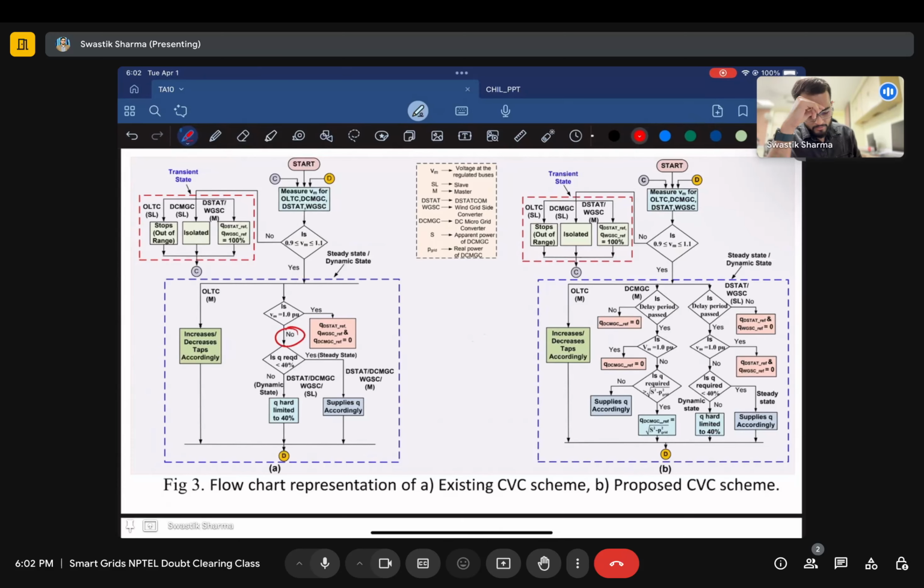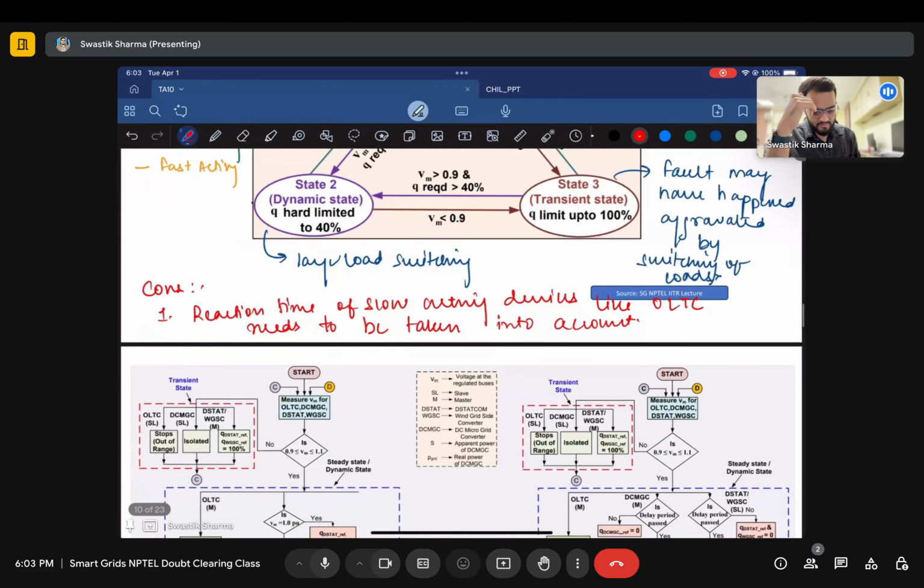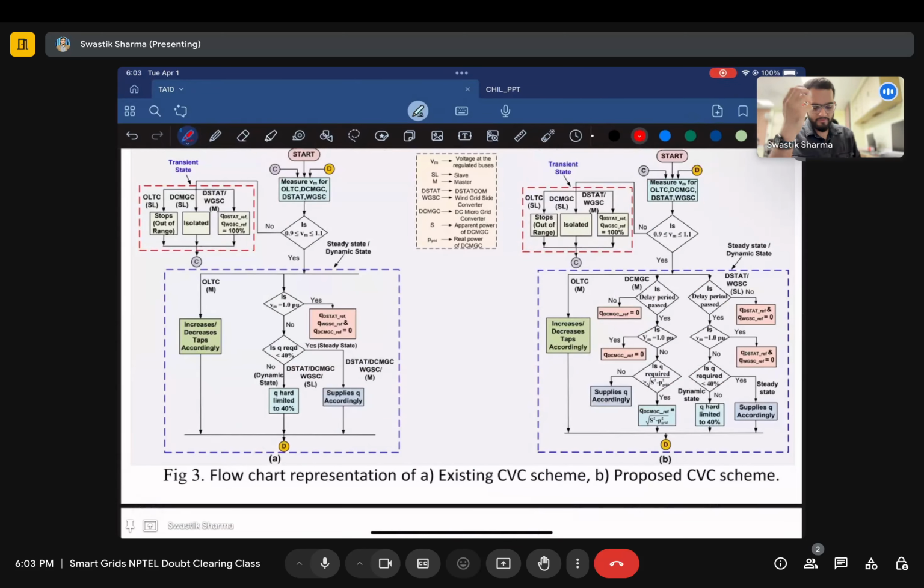If it is not at 1 per unit, as I told you, it hard limits the Q. It checks if the Q required is less than 40%. If it is less than 40%, that means it's a steady state. Your DSTATCOM, your DC microgrid, your wind grid side converter, all of them operate in a slave mode of operation and supply Q accordingly, right?